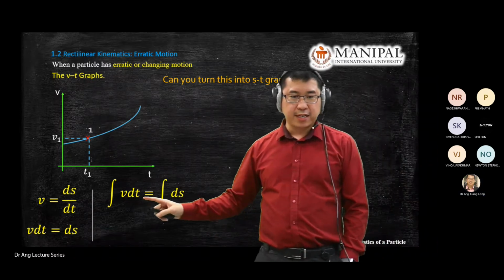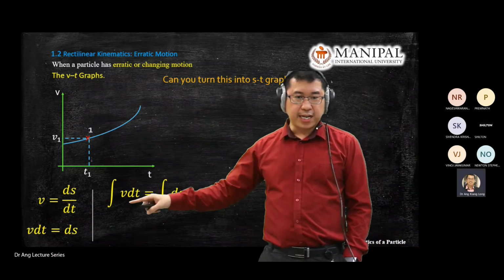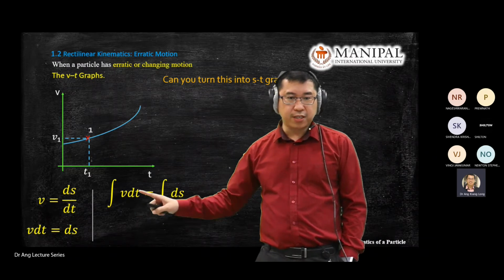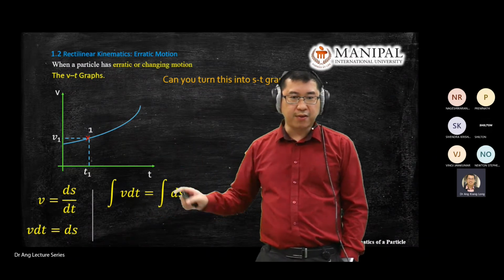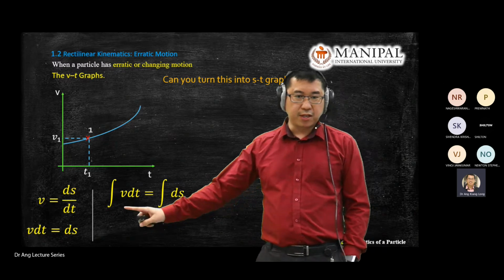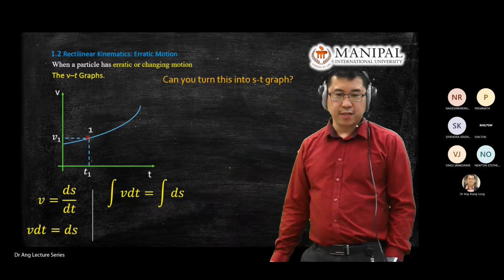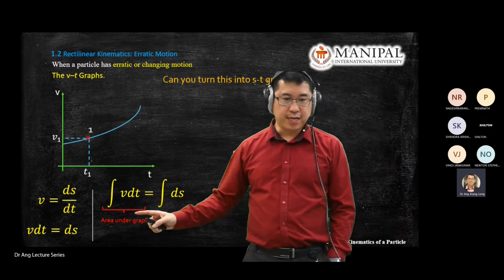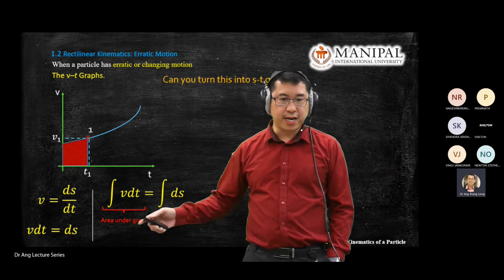On the left-hand side, you look at the graph and link what the integration of v versus t is when you have a vt graph. Integration actually is the area under the graph. So the left-hand side is actually the area under the graph, and I highlight it for you.